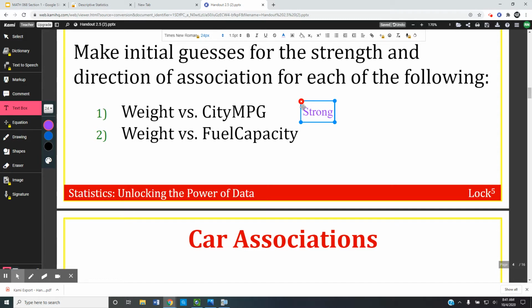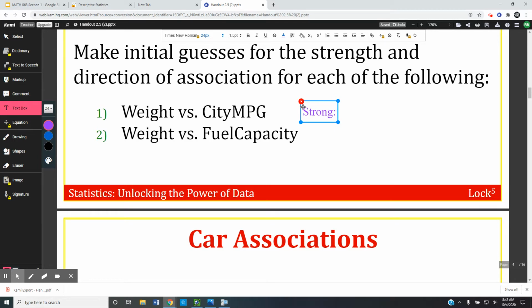And the answer is going to be yes. Physics tells us that it takes force to move something, and in order to move something that's fully weighted down, it's going to take more engine, more gas, less city miles per gallon. And that would be based on, again, criteria from the situation.